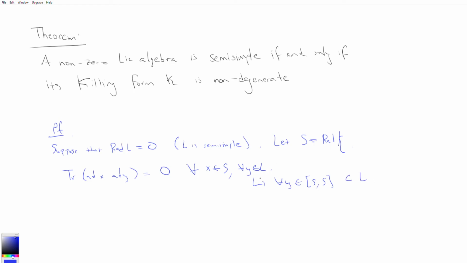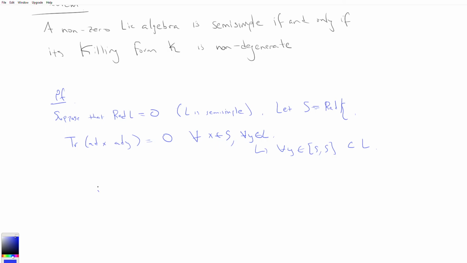And so now this is where we need our conditions on the field. Now we can actually apply Cartan's criterion. We have that ad S, where we view ad as an operator on L, is solvable by Cartan's criterion.